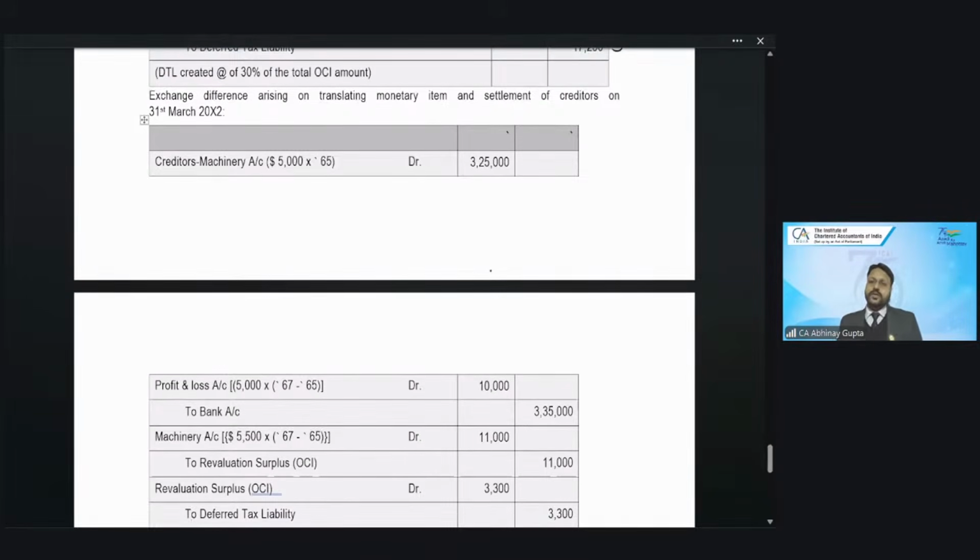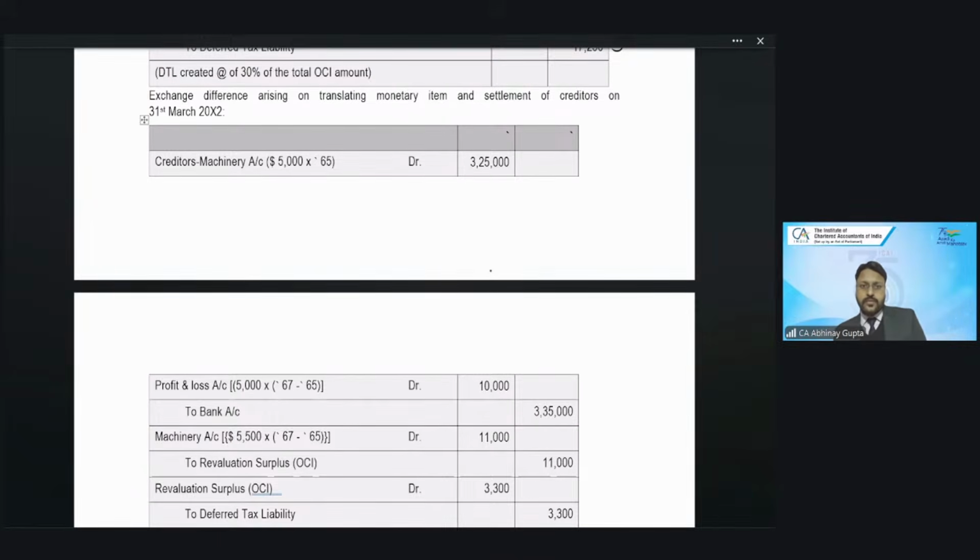On 31st March 2002, what would be happening? So there is no further increase in the fair value of the machinery. However, there might be a change in the exchange rate, right? So again, because the exchange rate is getting changed, I need to reinstate my creditor being monetary item, correct? Also, because the settlement is also happening on the very same day, I can do it in one go.